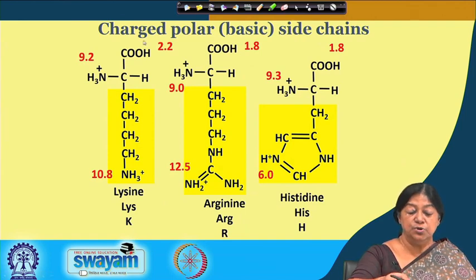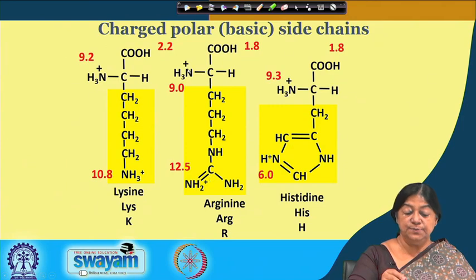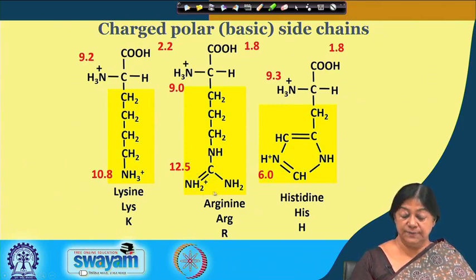The first proton to be lost is going to be the carboxylic acid one. The next proton, if we look at the pK values of the side chain and the amino group connected to the alpha carbon, then we see that this value is lower, which means that this proton is going to be lost before this proton. The same with arginine. It is this proton that is going to be lost before this proton is lost.